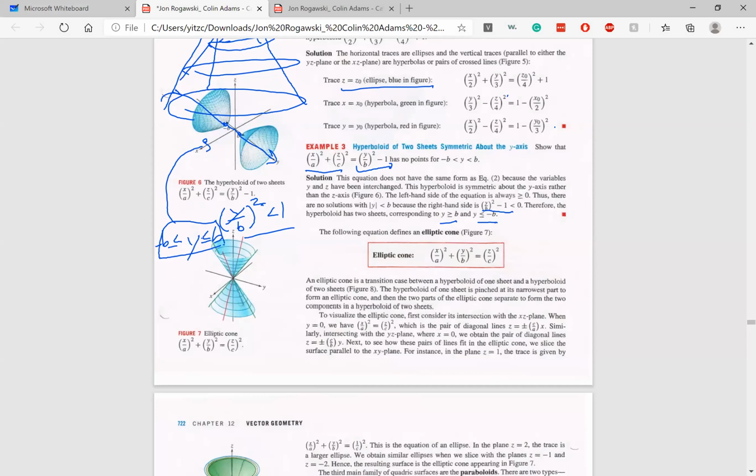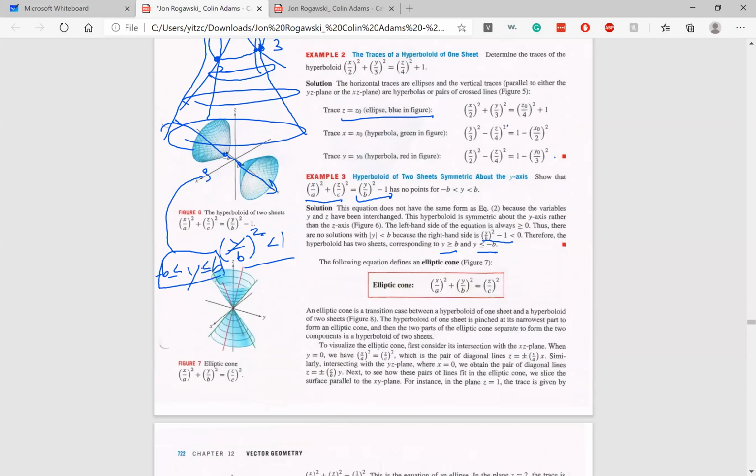And here again, you see the lines over here. And you get a cone with ellipses running up and down in the z direction.